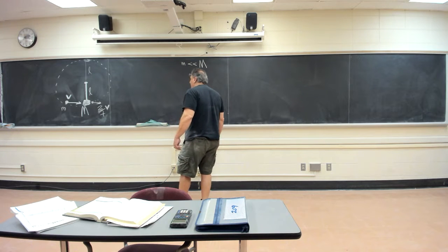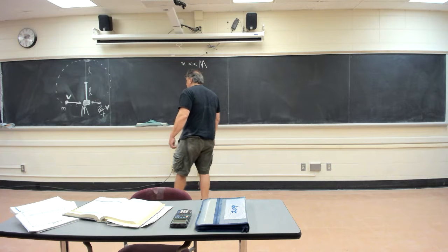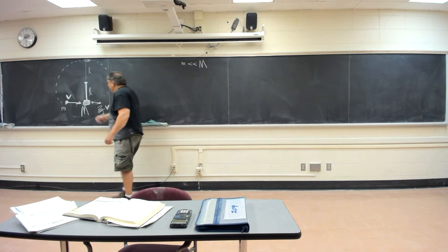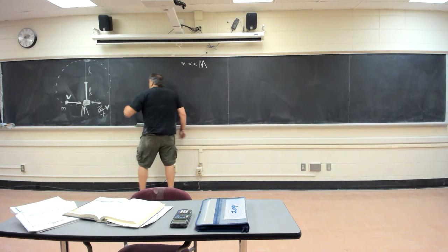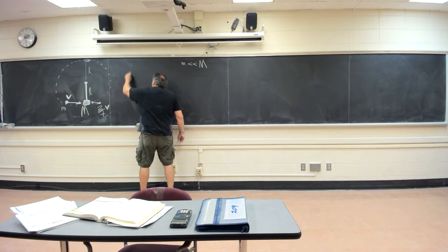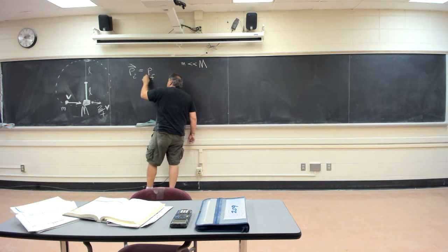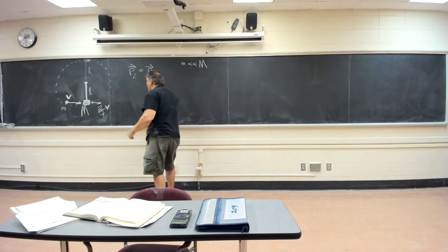For our purposes, we're saying that momentum is conserved. So initially, this was not moving at all. The bullet has mass m, so momentum initial equals momentum final. Let's see what's going on here.